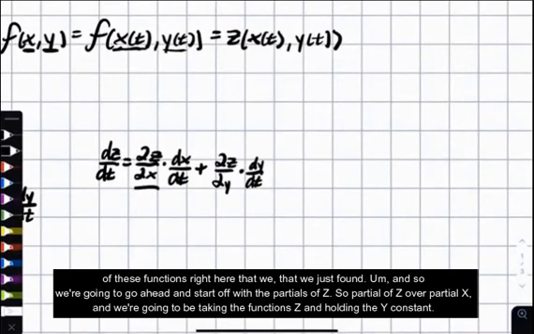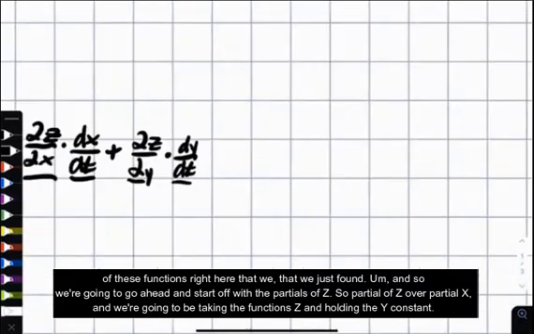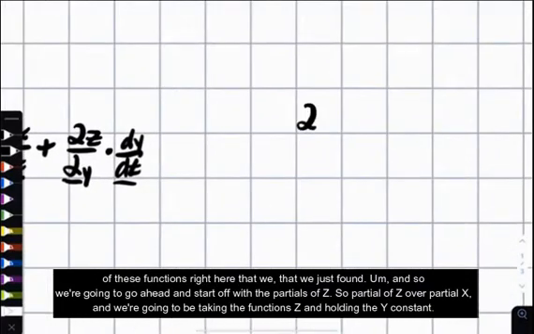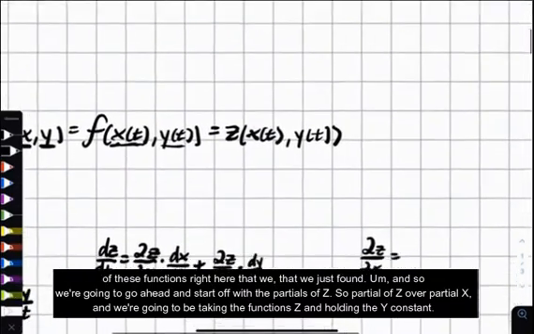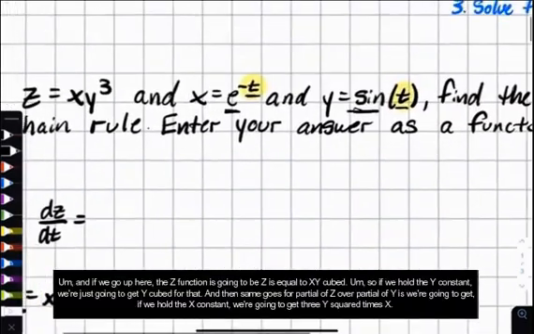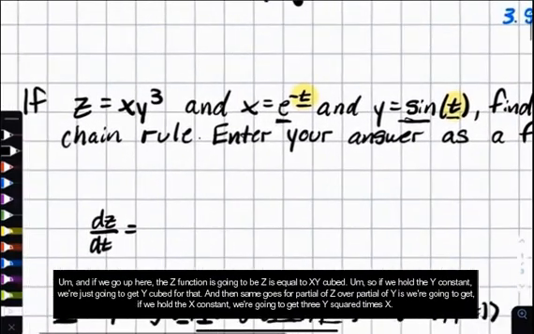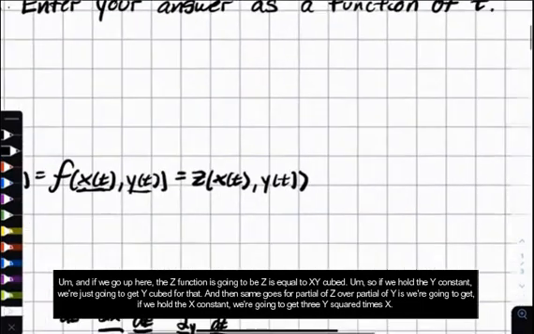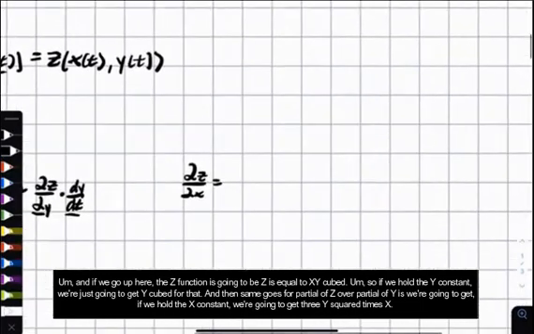And so now we can start to take the derivatives of these functions that we just found. We're going to start off with the partials of z. So partial of z over partial x: we're going to be taking the function z and holding the y constant. And if we go up here, that z function is z equal to xy cubed.